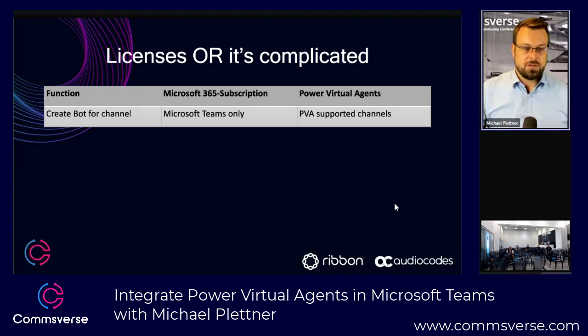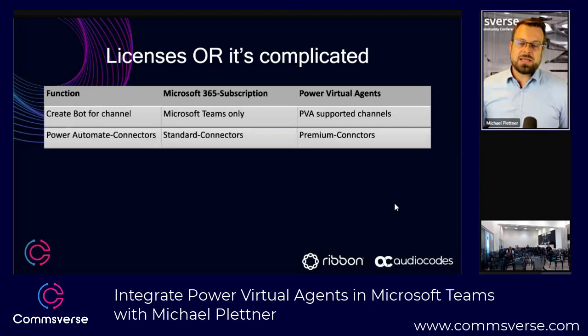On the other hand, with a bigger license, you can add it afterwards to a specific channel or specific team, but you can use it for other scenarios as well. The next ones are the connectors you can use. In the Microsoft 365 subscription, they're just the standard connectors. With a bigger license, you're allowed to use the premium connectors as well.